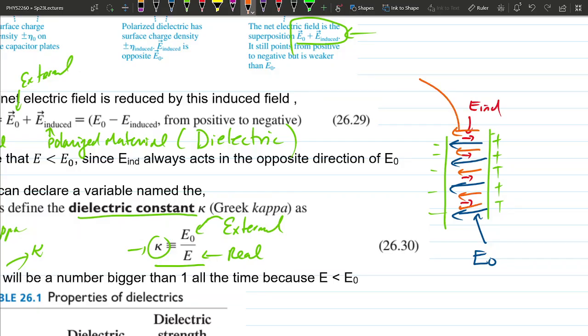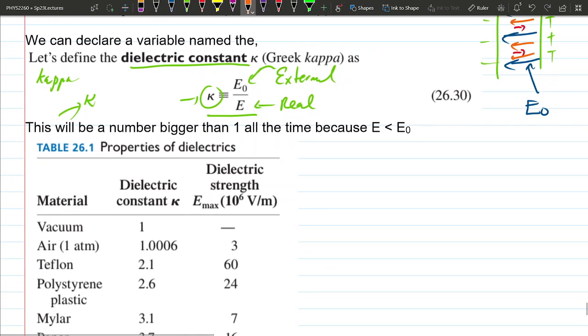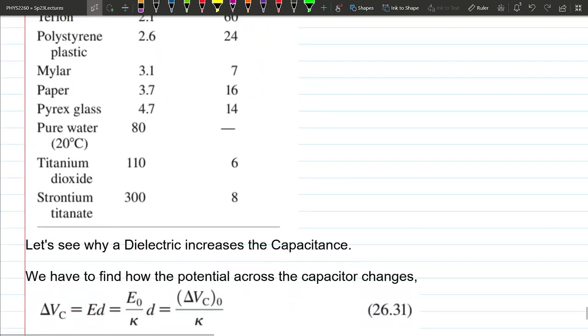This is the real electric field that you see, called E. Does that make sense? A little bit of the dielectric material is going to try to oppose the external electric field that's placed on it.